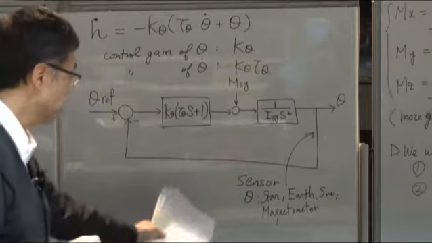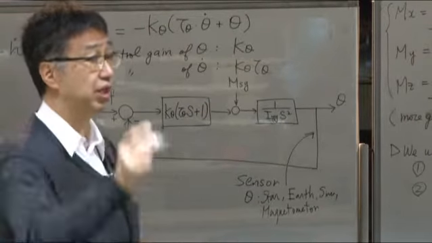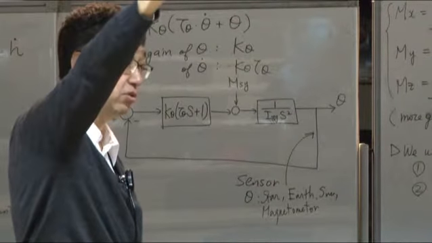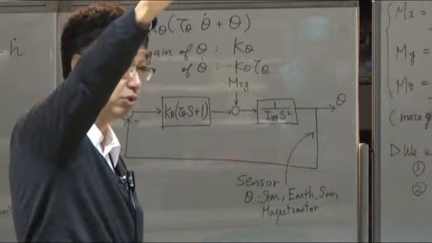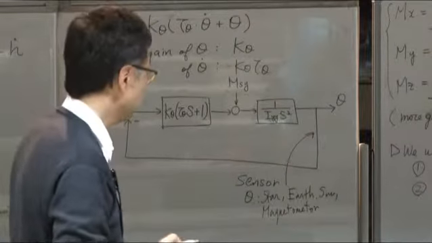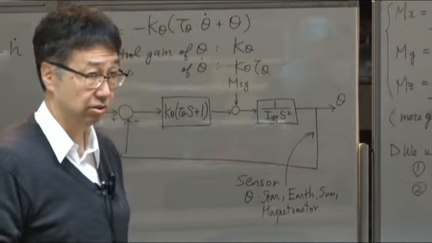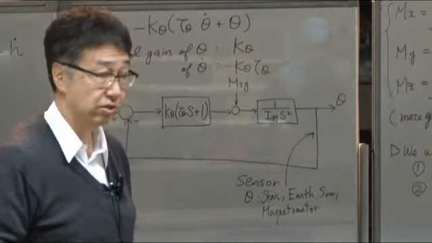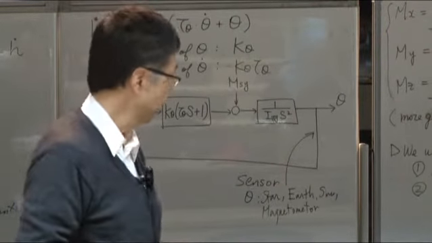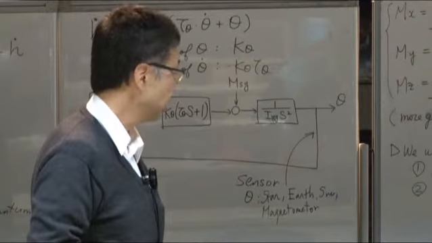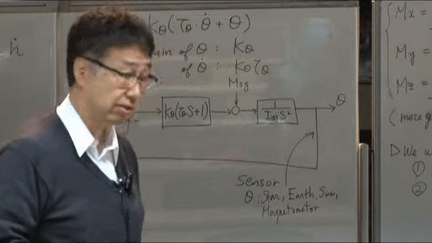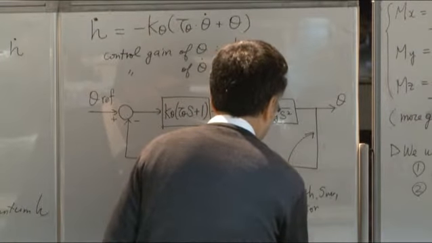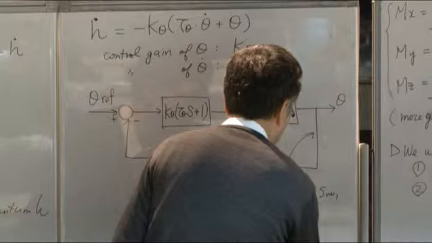The other sensors are the same. The satellite already knows some star's direction, and the satellite measures the star direction with respect to its attitude. Then the satellite can get the information about its attitude. That is the star sensor. The same is applied for the Earth sensor and the Sun sensor. So theta can be measured by these kinds of sensors, and theta dot can be measured by the gyro.